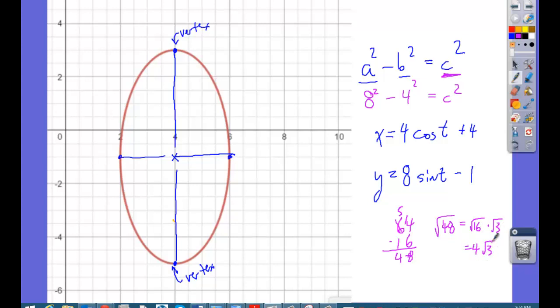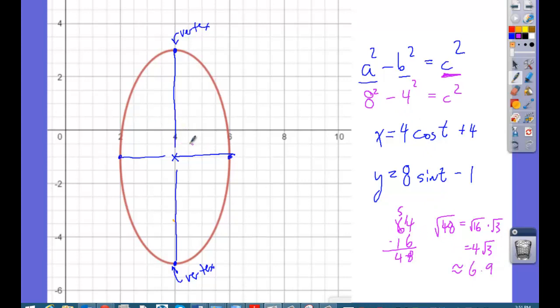So that's going to be approximately, what, 6.8 or some such thing. Actually, I want to know the decimal because I want to plot this thing. So 4 times the square root of 3. Okay, 6.9. So approximately 6.9.